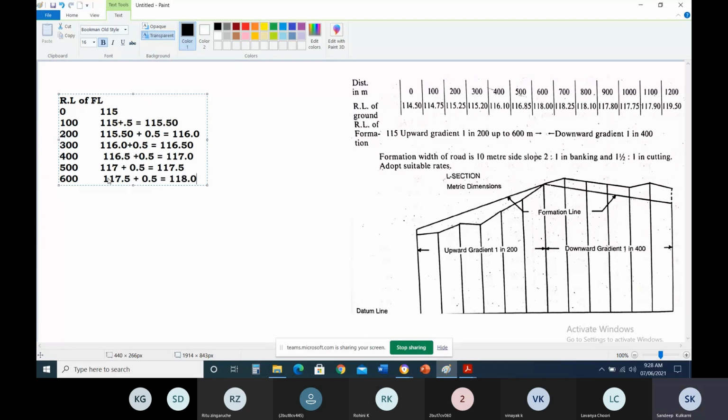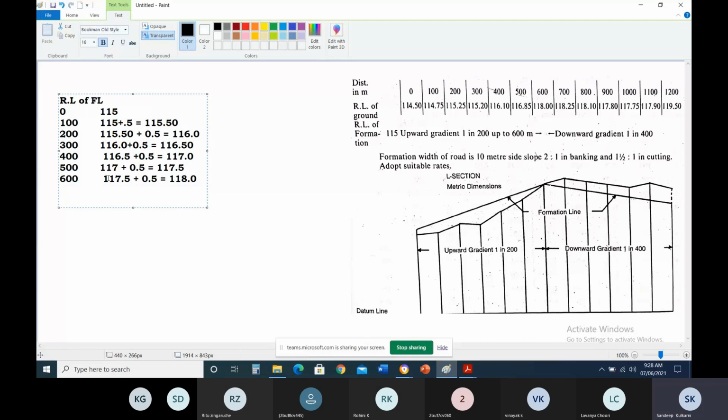It is very simple. The first FRL is given. Check the gradient value, 1 in 200 is given, so you do 100 divided by 200, and you get 0.5. Since it is an upward gradient, go on adding 0.5 to every previous value.